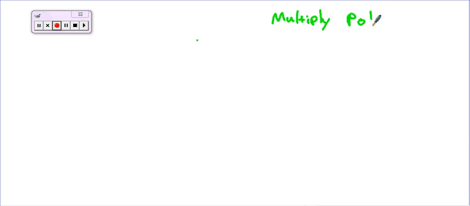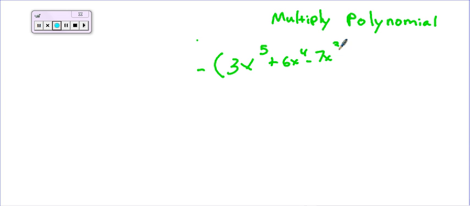A quick review of what we did yesterday: we took a polynomial such as 3x to the fifth plus 6x to the fourth minus 7x to the third minus 5, and added x to the fifth minus x to the fourth plus 3x squared minus 2x minus 8. All right, so yesterday we added them.